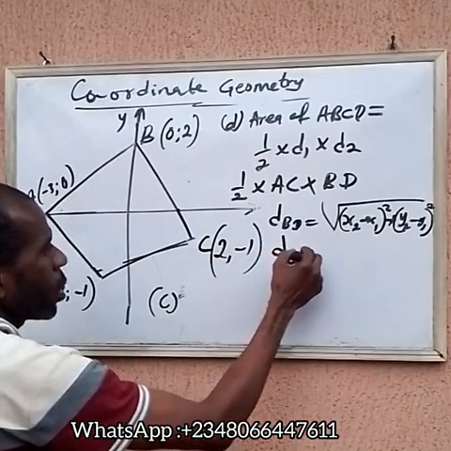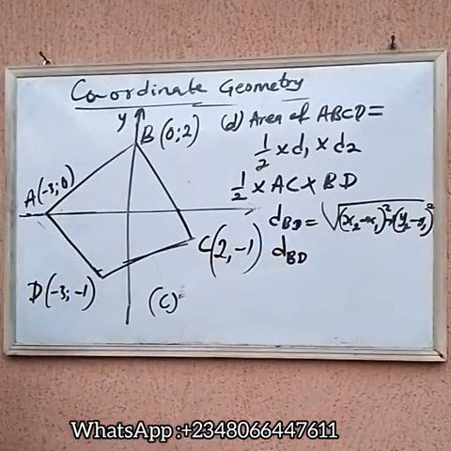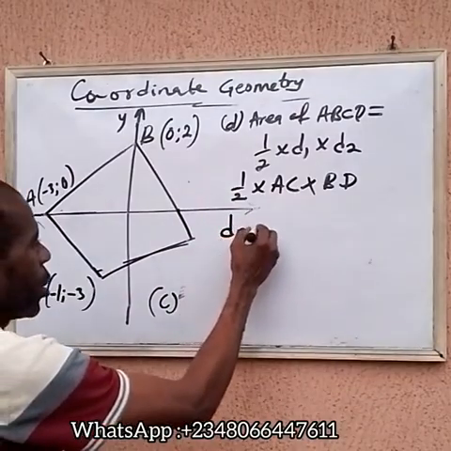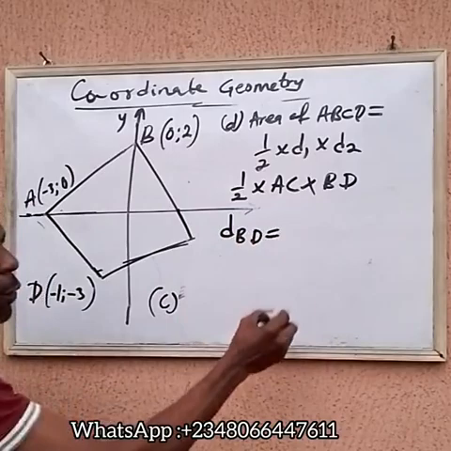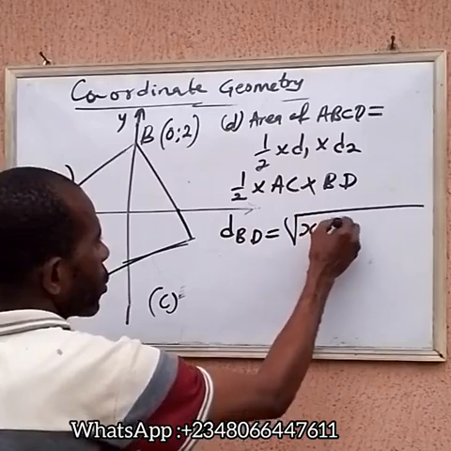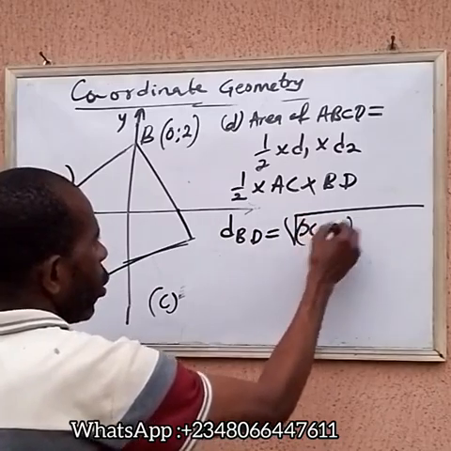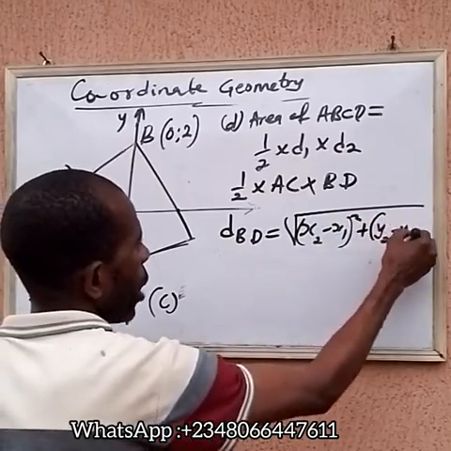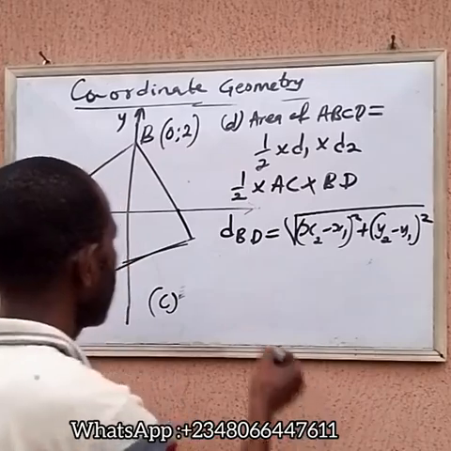The distance between points B and D, we take that as DBD, using the same formula, the square root of x2 minus x1 all squared plus y2 minus y1 all squared.